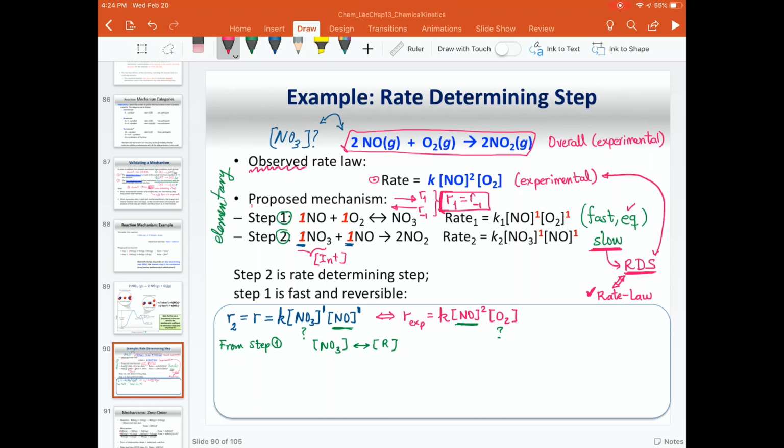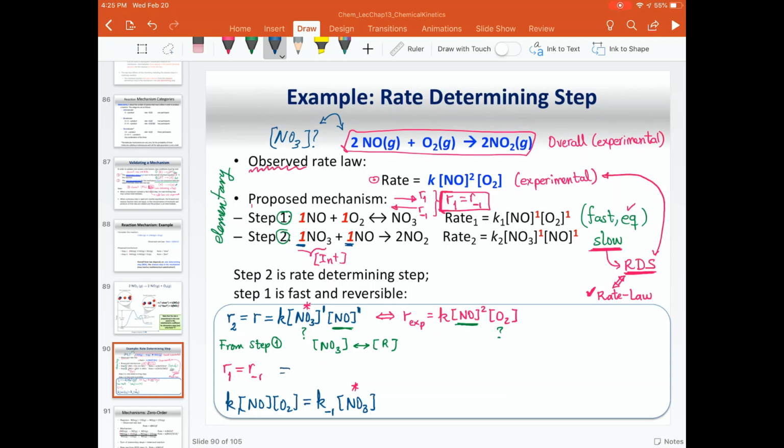From step 1, we already know that R1 is equal to R minus 1, the reaction going forward and backwards. In terms of the rate laws, R1 is equal to k1 times the concentration of NO times the concentration of O2, and R minus 1 is equal to the rate constant of the process going backwards times the concentration of NO3. Now, here is the same intermediate that we have here, the intermediate that we can now substitute to see if we can make something compatible.